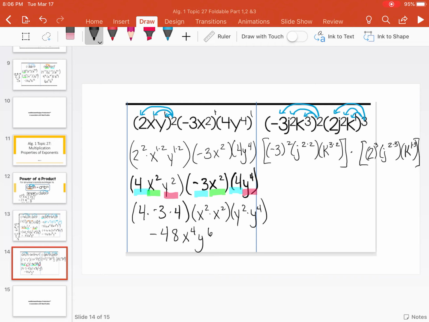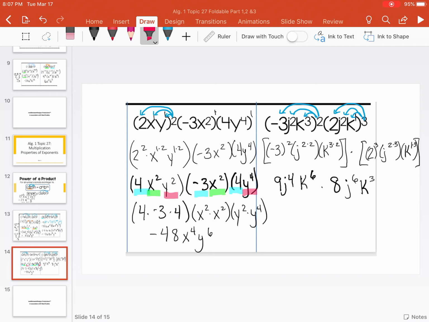A negative times a negative is a positive, so we're just going to have 9. J to the 2 times 2 is j to the 4th. K to the 3 times 2 is going to be k to the 6th. And 2 cubed is 2 times 2, which is 4, times 2 again, which is 8. Pause for dramatic effect. J to the 2 times 3 is j to the 6th, and k to the 1 times 3 is k to the 3rd.